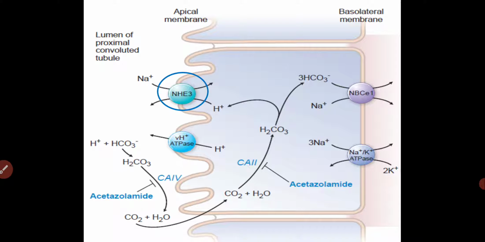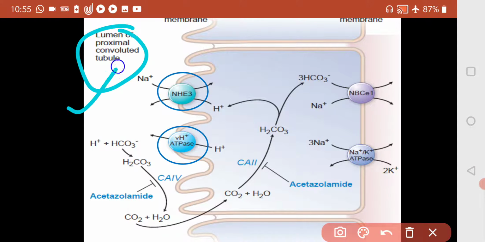This H plus is extruded by this Na plus H plus antiporter, and also by a vacuolar H plus ATPase, which also secretes H plus. This H plus is present at the luminal side of the proximal convoluted tubule. So H plus comes out from here, and H plus also comes out from here. Then it combines with HCO3 minus.